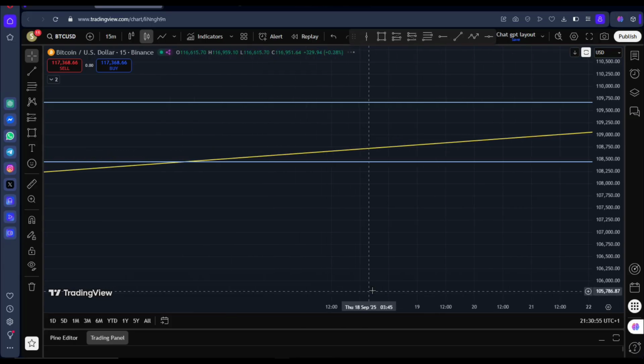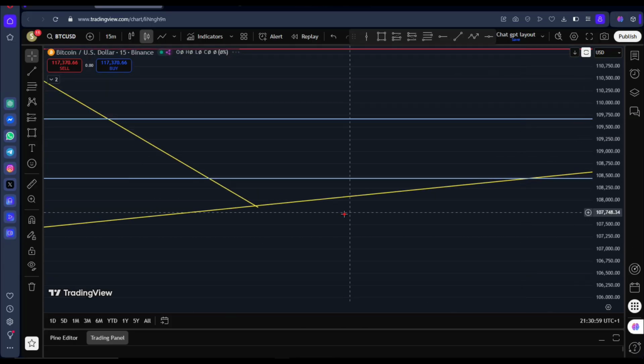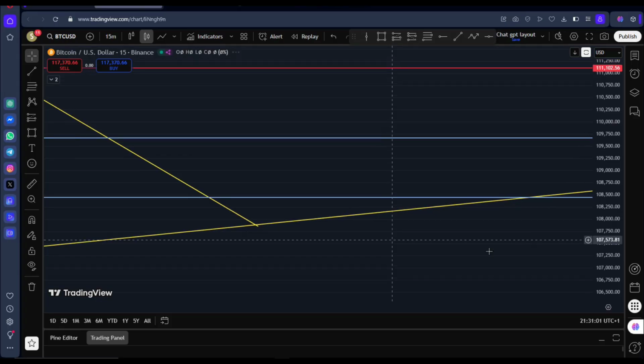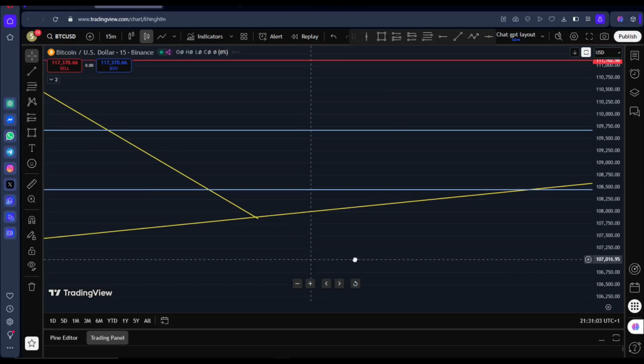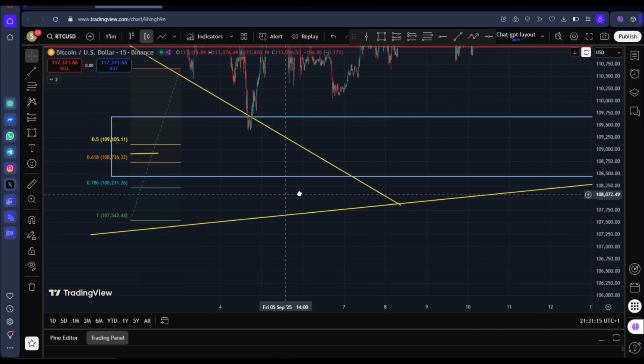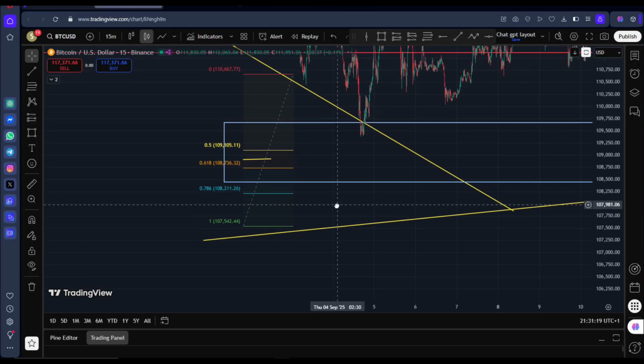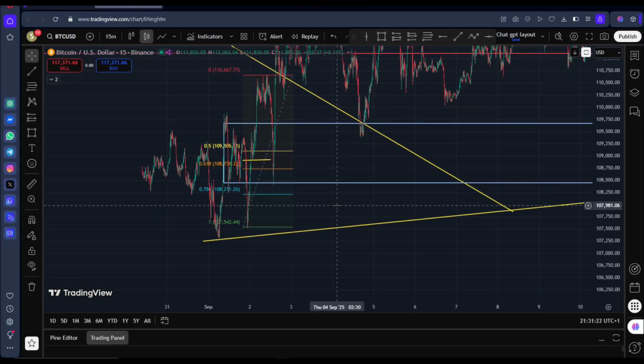So it is actually quite simple. Once you see all those things, once you see you have a valid zone, like for example, now we see here, when price wanted to form the zone that I am currently observing, there was this move that happened.